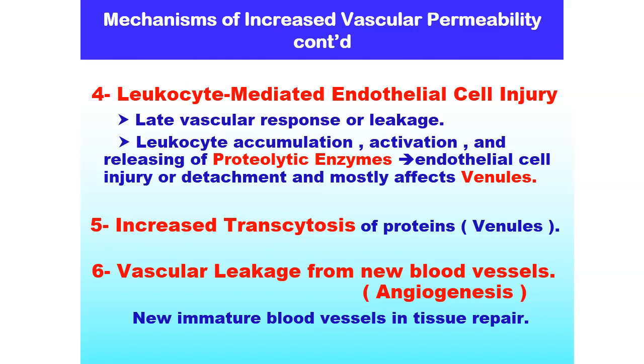So, angiogenesis means formation of new blood vessels during repair and healing. These new immature blood vessels in tissue repair have weak, leaky walls, permit the leakage of fluid through them, and vascular permeability persists until the walls of these blood vessels become mature.